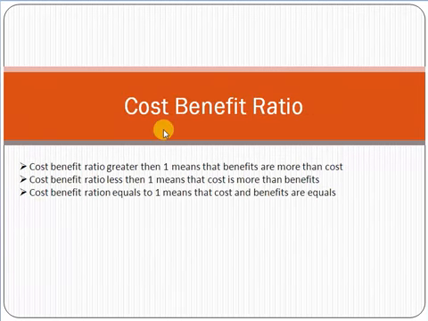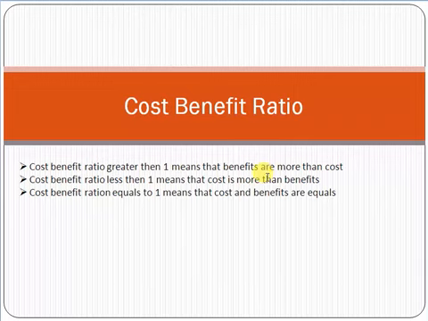Now coming towards a mathematical calculation, the cost benefit ratio. Friends, remember one thing, if your cost benefit ratio is greater than 1, that means the benefits are more than the cost. If the cost benefit ratio is less than 1, that means the cost is more than the benefits.